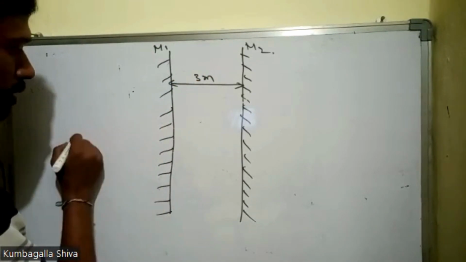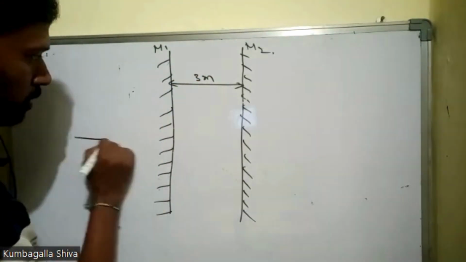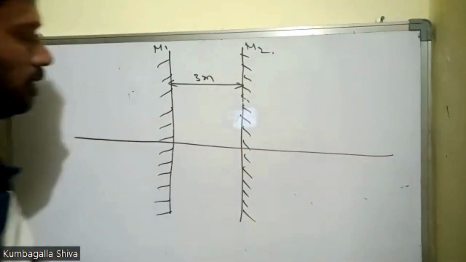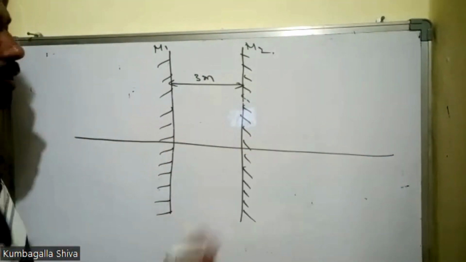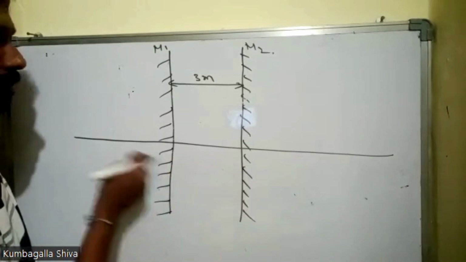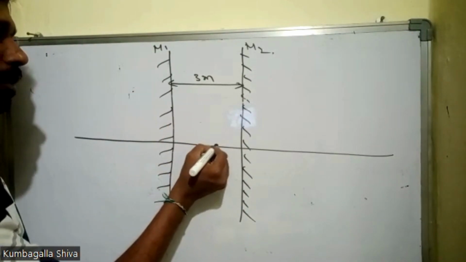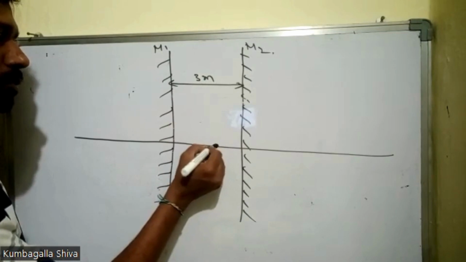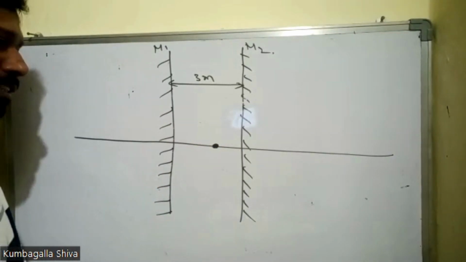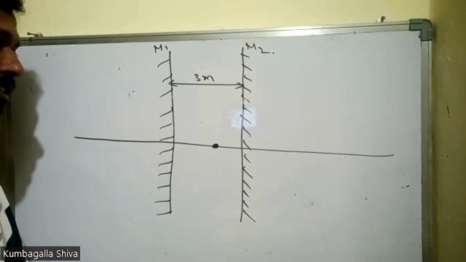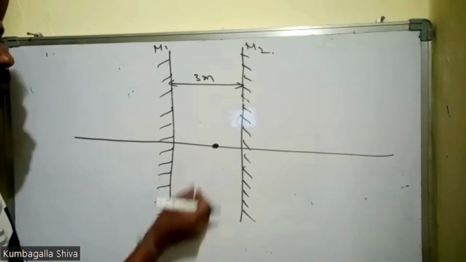Now I take the object here. I take the normal line. You know, it forms the image on the plane mirror. Now I keep an object. This is an object, a point object, you know, less than the extended object. So this we call it as point object.